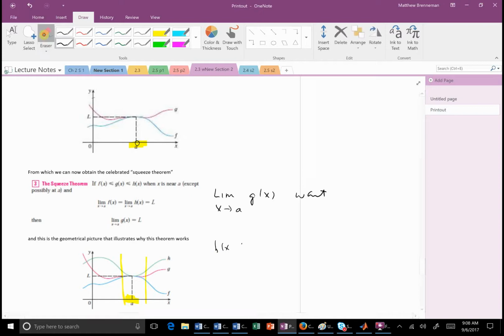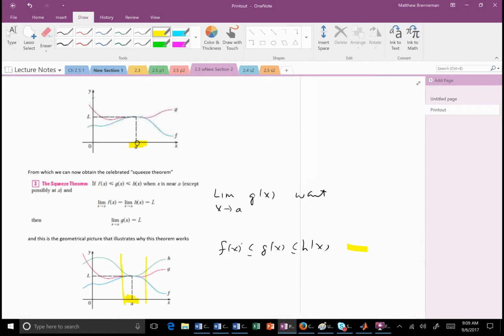Let me do that. f of x is less than or equal to g of x is less than or equal to h of x on this yellow interval. And I don't care what's happening at a. Sometimes we call that little yellow interval the neighborhood of a. It's where it lives. And when we take out that point a, we call that the deleted neighborhood. In other words, we don't care about the person, we're just interested in their neighborhood.